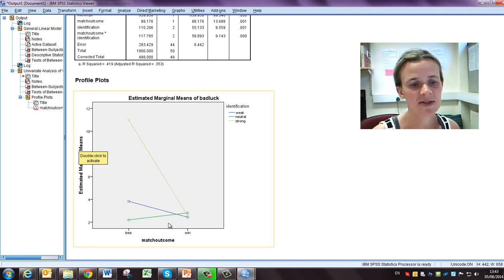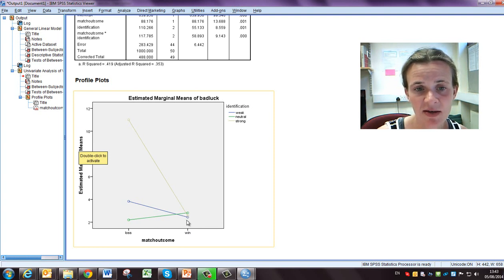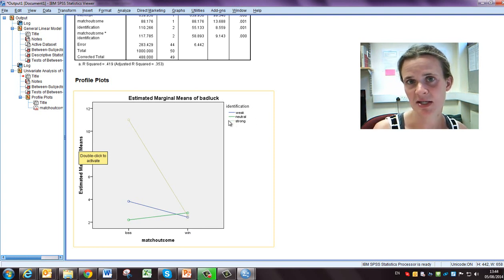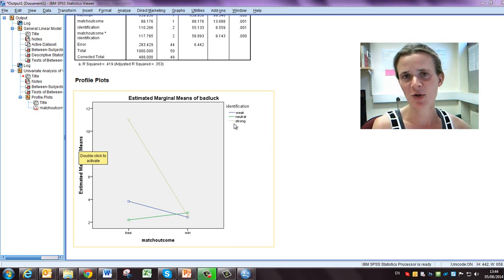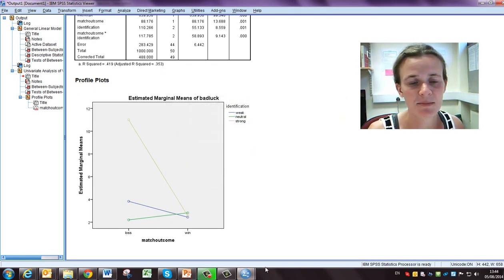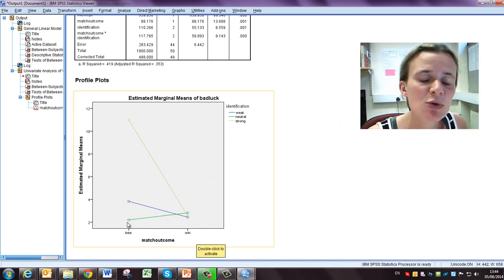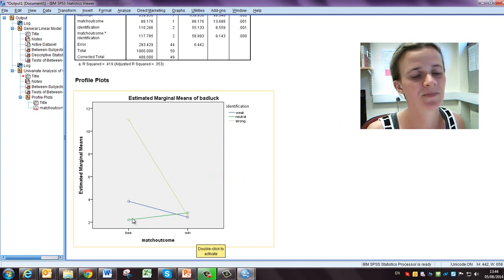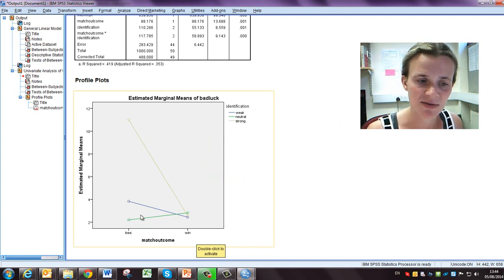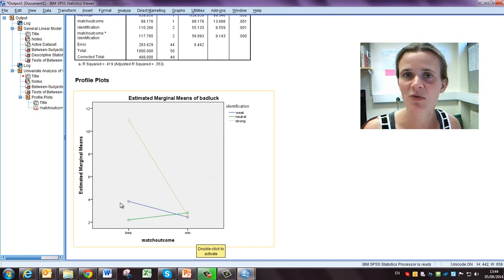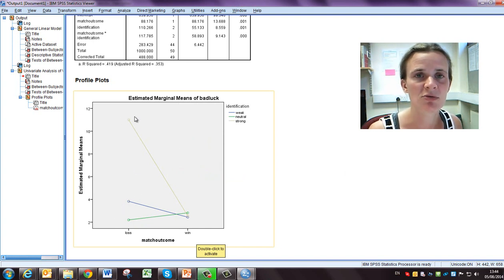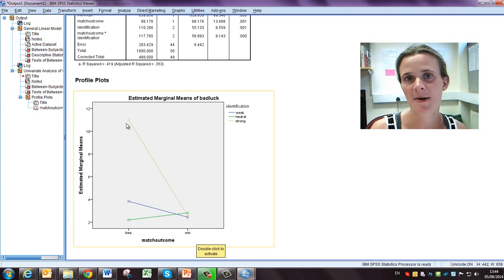What we can see is that obviously if a team wins, then no matter how you identify with the team, you're going to say no, that was obviously not due to bad luck, because they won, we won. But if the team loses, it matters whether you identify weakly or moderately strongly, as opposed to very strongly. When you identify strongly with a team, then you're more likely to say it was down to bad luck.